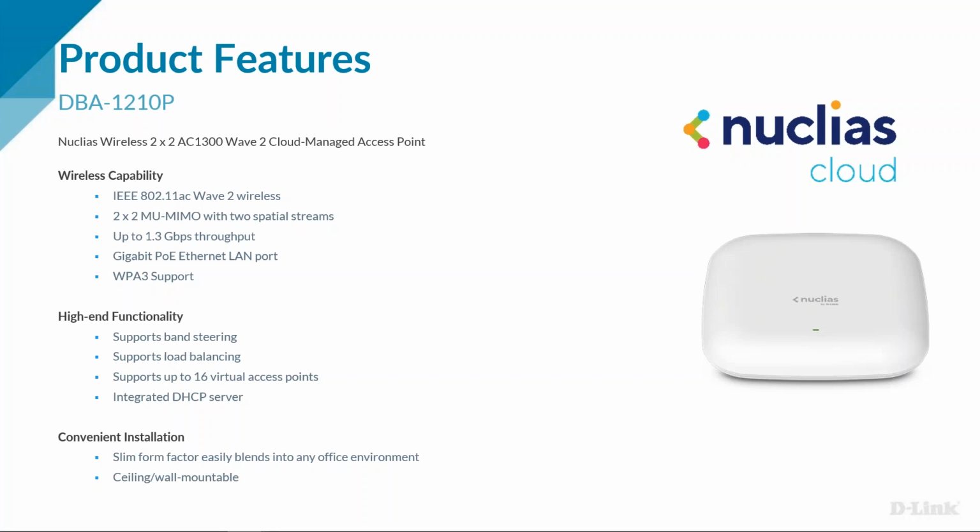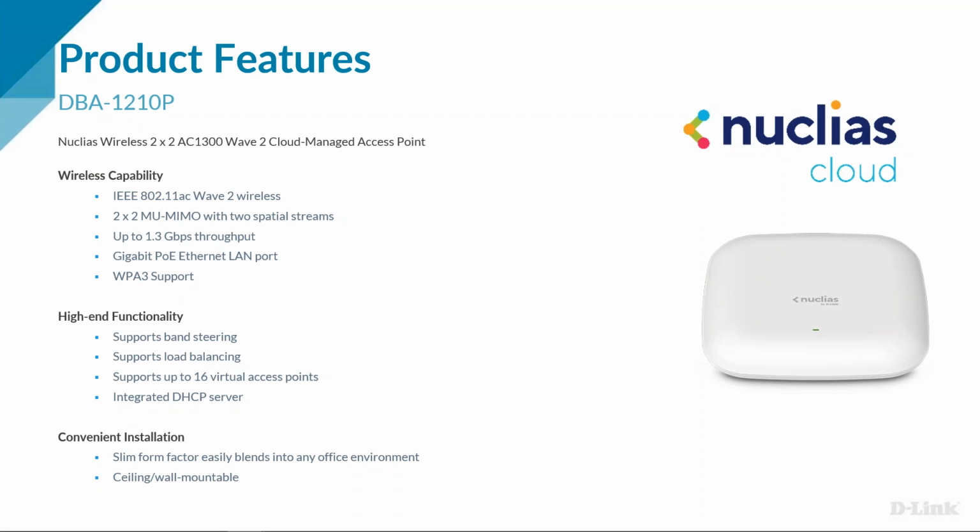Because Nucleus Cloud is a lot newer, we've had to release some brand new access points for this portfolio. All of the access points that come out with our Nucleus Cloud product are Wave 2 as a beginning entry level.